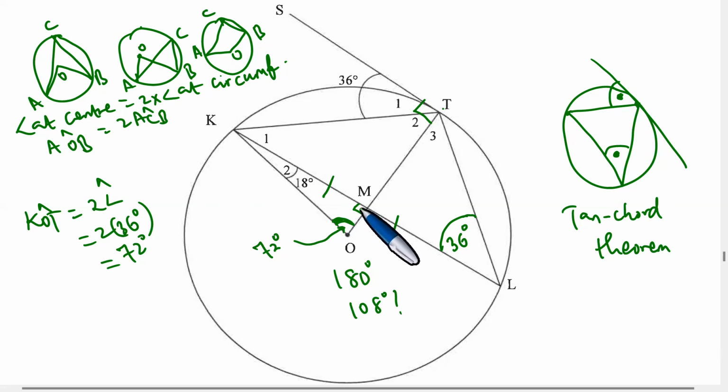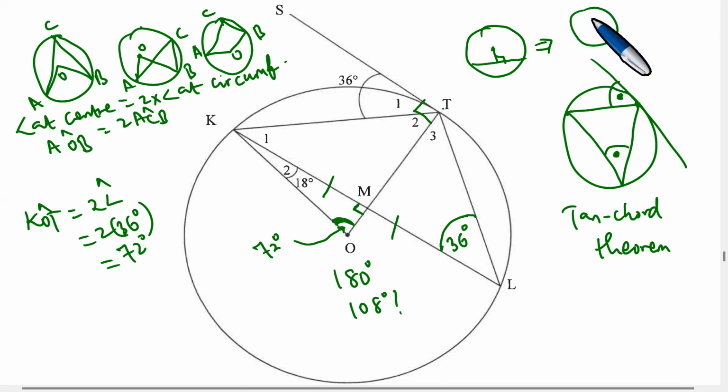And if this is 90 degrees, it would therefore mean that you have a perpendicular line here. So in mathematics, if you have a circle and a line from the center that is perpendicular to a chord, we say this line bisects the chord. Like so.